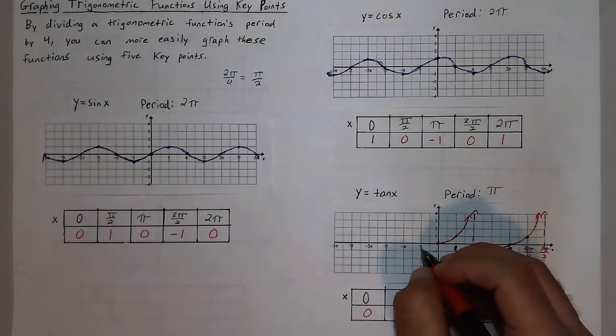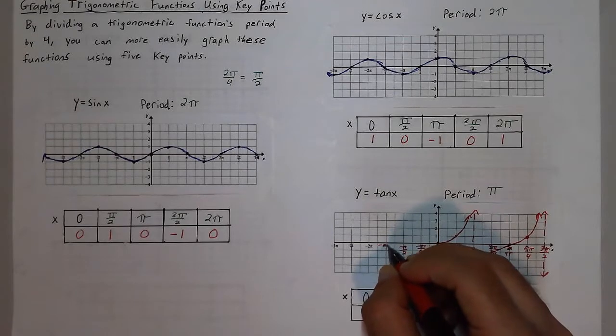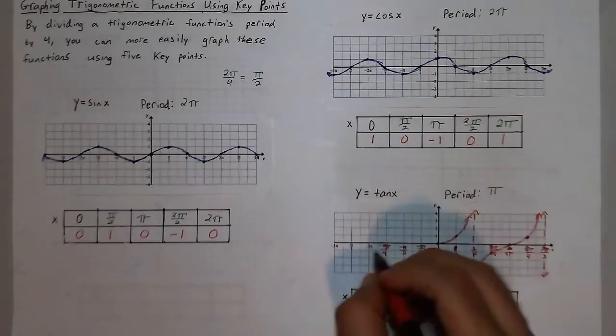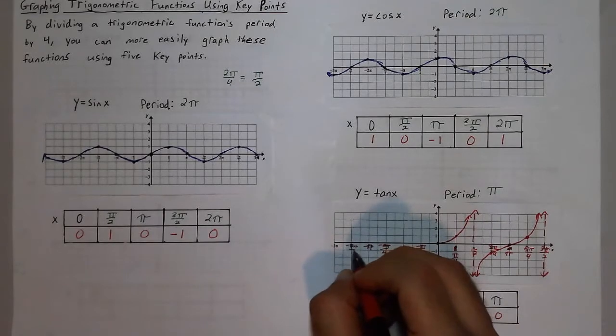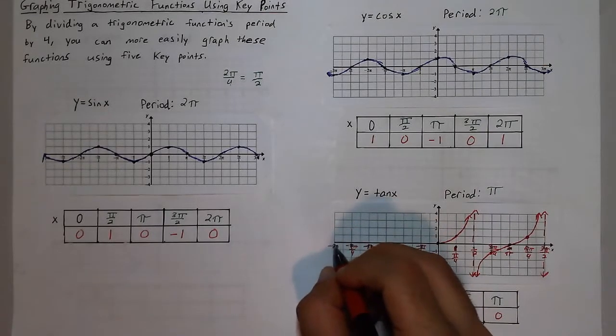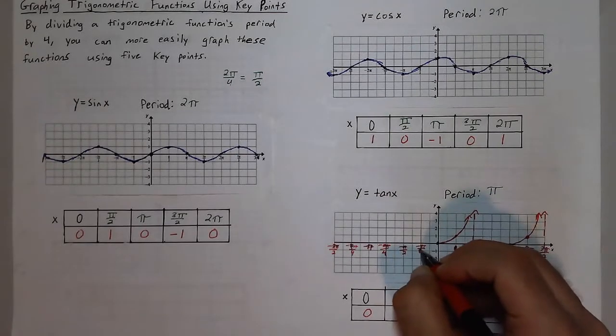Again, going backwards, this is going to be -pi over 4, then -pi over 2, -3 pi over 4. And again, I'm just counting by pi over 4s down here. -pi, -5 pi over 4, -3 pi over 2. Backwards, if this was 0, this will be -1.